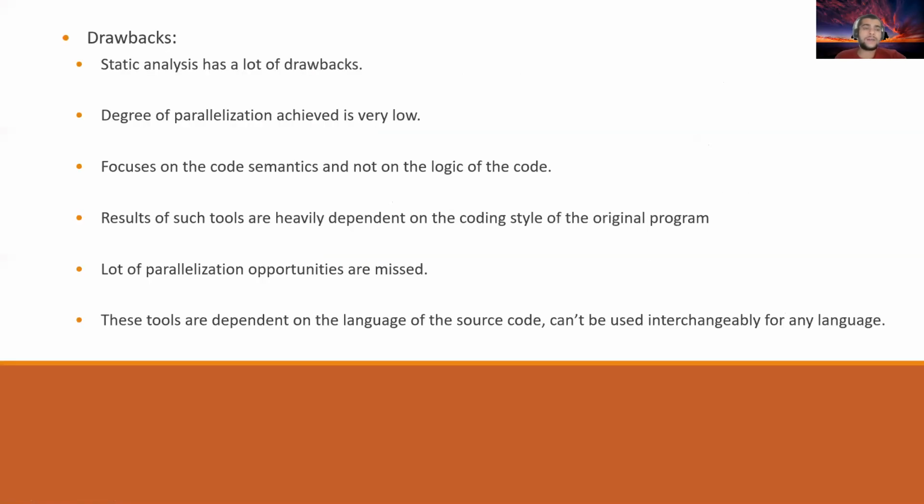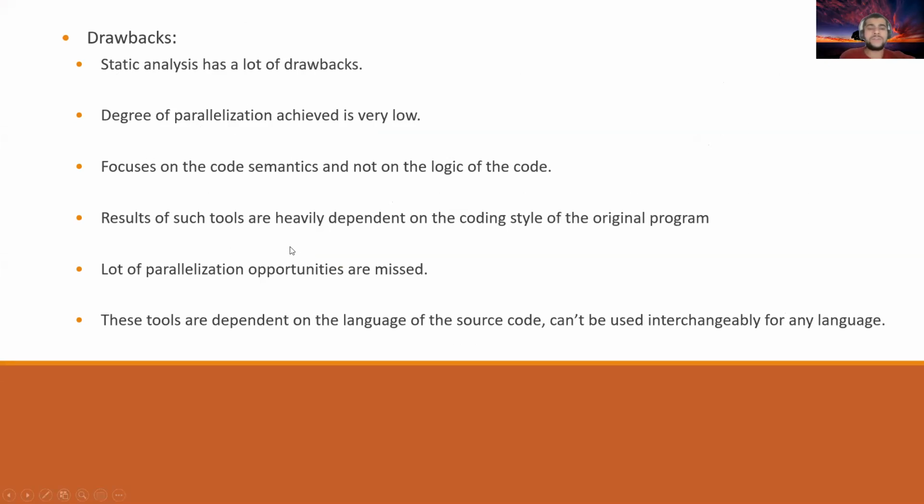And then the drawbacks again. First of all, only static analysis has drawbacks which we've already discussed. The degree of parallelization is also very low, and this focuses more on the code semantics and not the logic of the code, because with static analysis you can't really understand the logic of the code well.